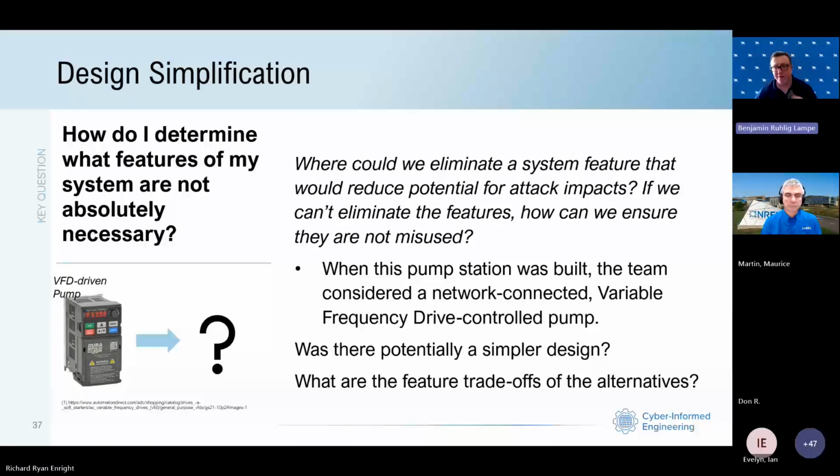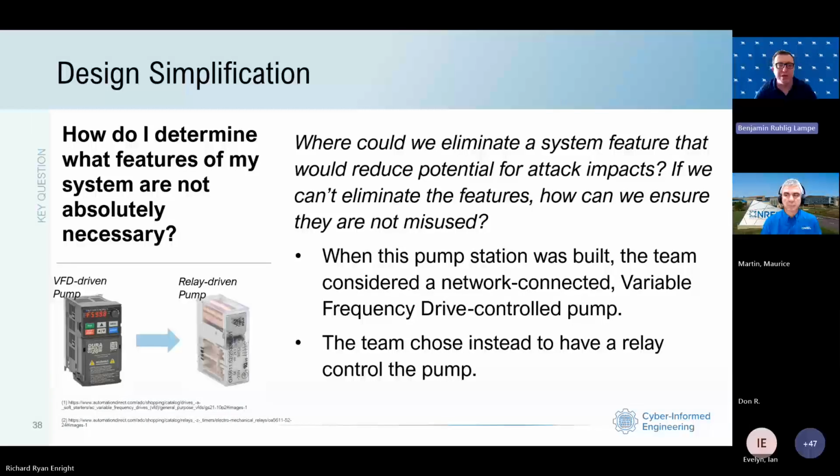But if engineering recognizes the opportunity where this pump station really just needs to maintain a static type pressure and doesn't require adjustment, and the pump's been sized in such a way that given this speed, you will produce this pressure, those opportunities reduce identifying mechanisms where you might not need the complexity of a variable frequency drive.